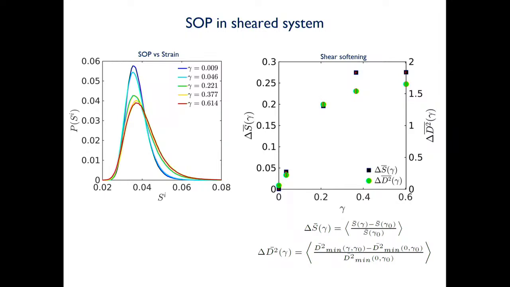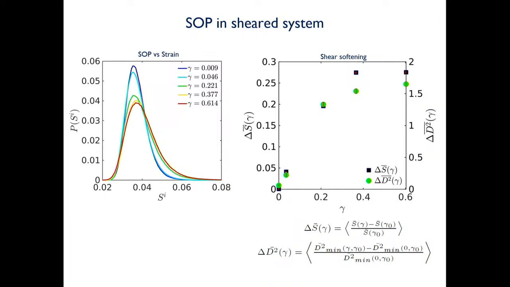So we look at this change in softness, or change in structural order parameter, plotted as a function of gamma as you strain the system. After about 20%, there is a linear increase here. It appears to be linear, but we don't know what the trend is. But after a certain gamma, the system saturates, which means that it enters a steady state.